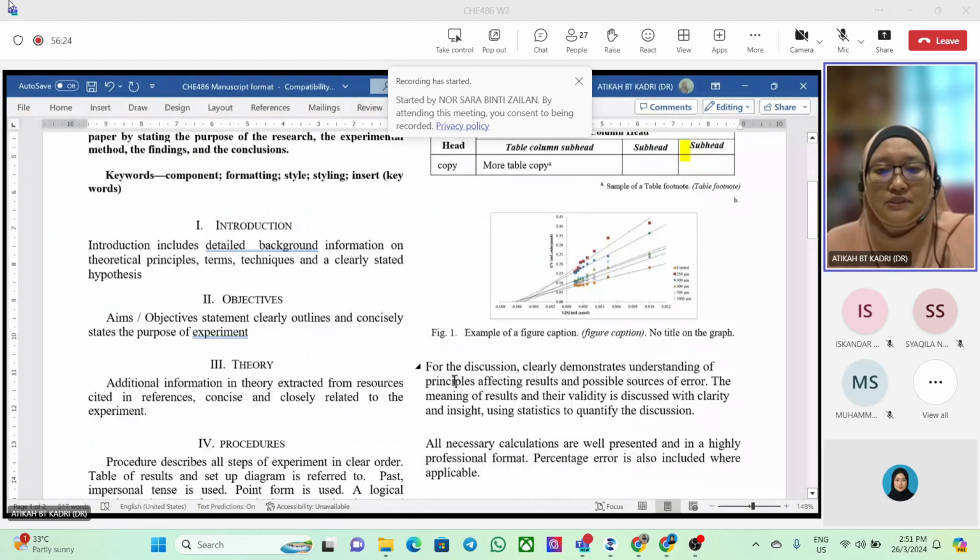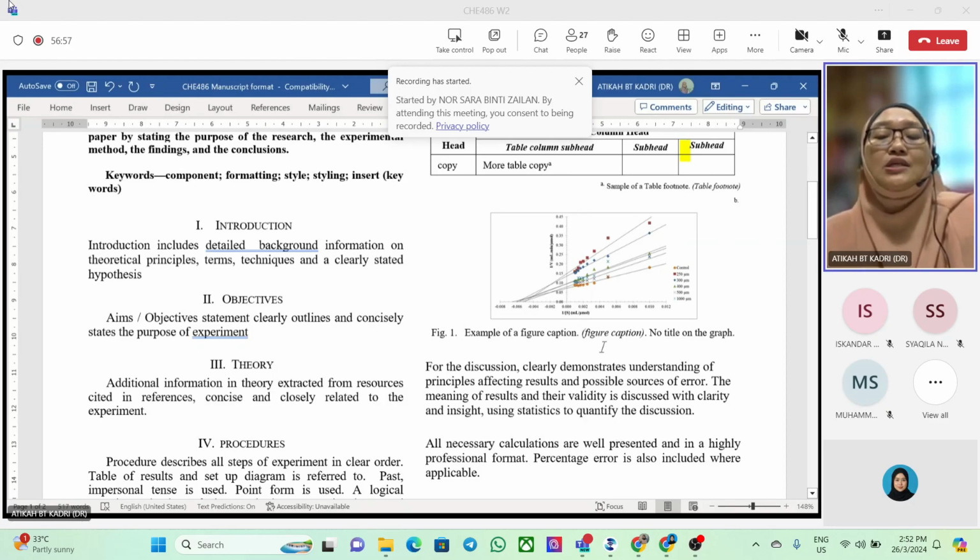In this case, figure number one: you should have the discussion of figure number one immediately after the chart. For instance, you can start by referring to figure number one: it shows the trend of data, and so on. So make sure that your figure or your table is near to your discussion.